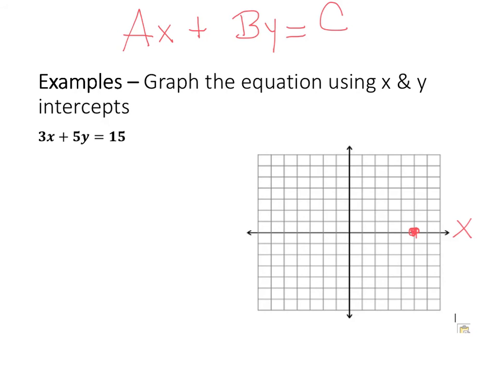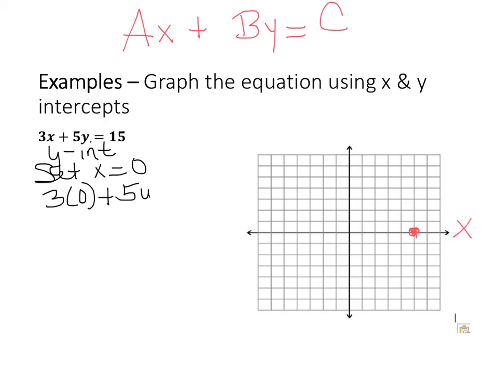Alright, next we're going to find the y-intercept. And you do that by setting your x equal to 0. So you take your equation and instead of an x, you substitute in 0 for x. And the same thing happens here that happened when you were finding the x-intercept.